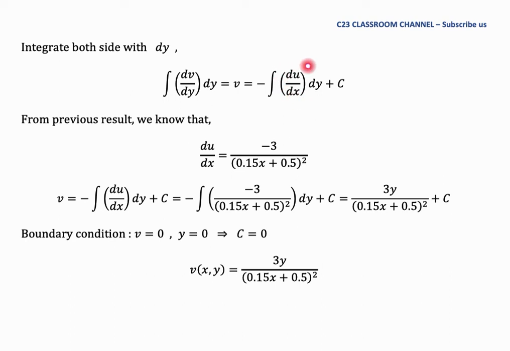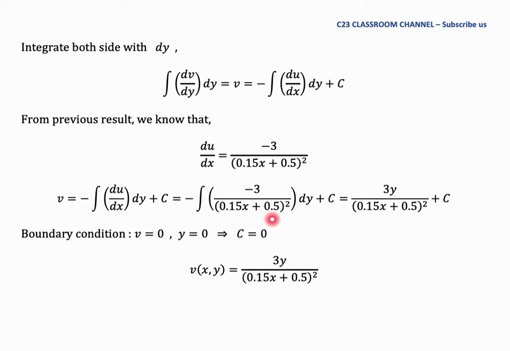To solve this one, we need to do the steps like this. From the previous result, we know that du/dx is equal to minus 3 over (0.15x plus 0.5) squared. So we substitute the value of du/dx in this term, so we get the integral of minus 3 over (0.15x plus 0.5) squared dy plus c.